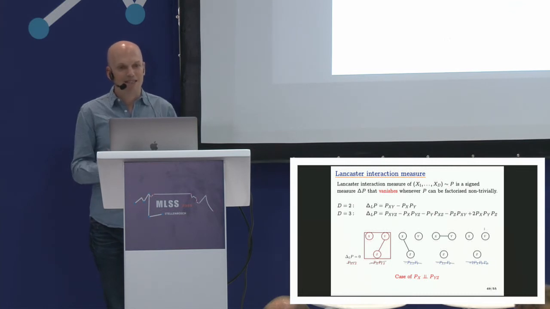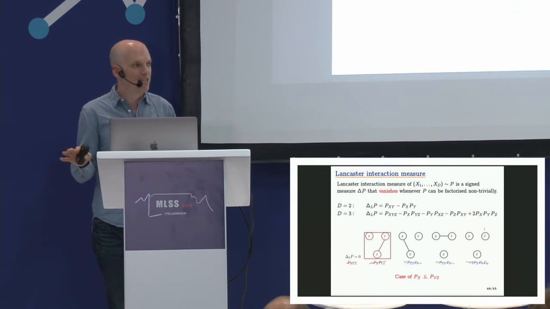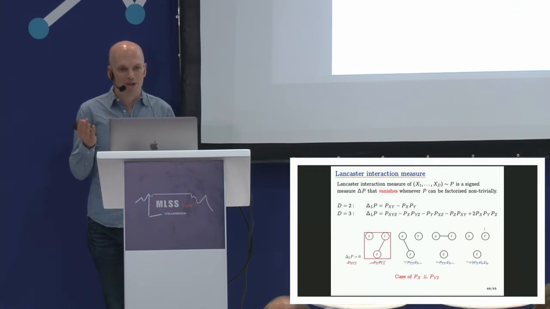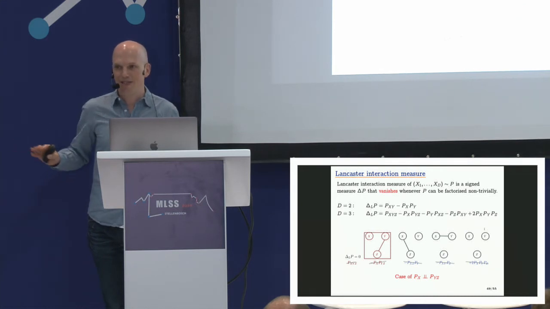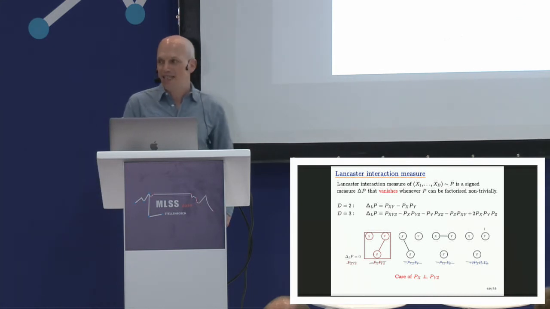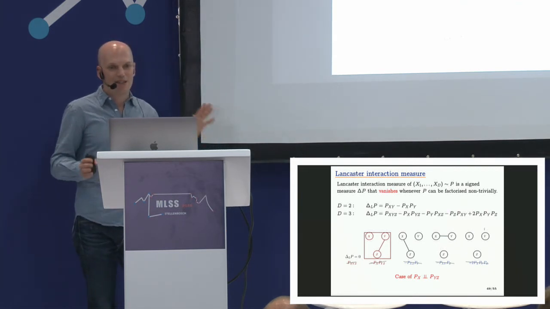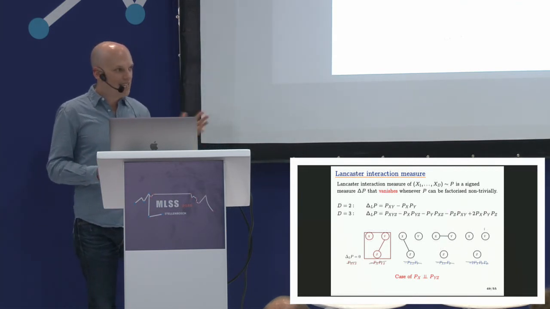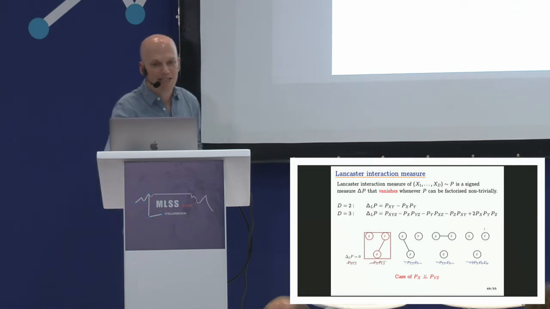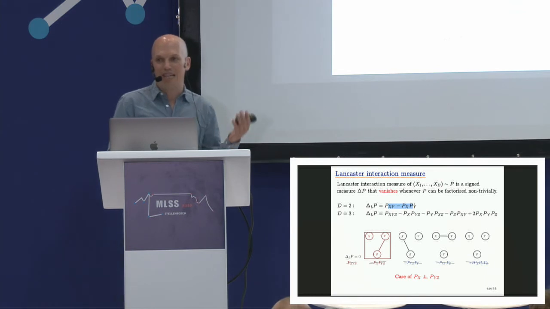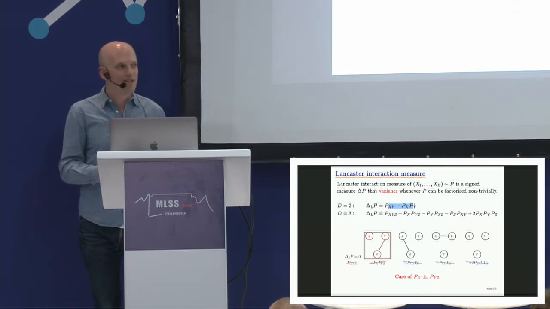So this means that if a factorization exists, then all my terms cancel. If I can break pxyz into px times pyz, everything cancels. If I can break it into py times pxz, everything cancels. If a factorization exists, this thing will be 0. In this sense it generalizes this example here, where d equals 2 and there is only one factorization that I care about.